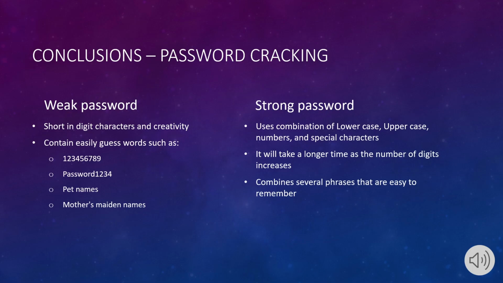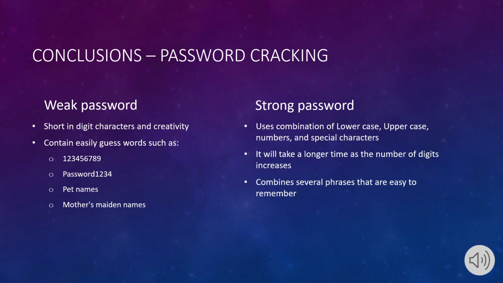and numbers. As for a weak password, normally this would fall into the category of using easily guessed words such as 1, 2, 3, 4, 5, 6, 7, 8, 9, or easy words to guess such as password and then another set of numbers, pet names, and mother's maiden names.